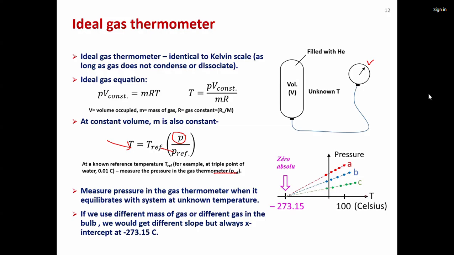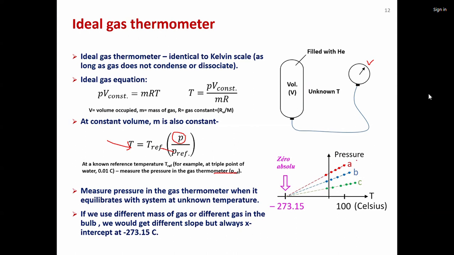Typically the relationship is expressed here. This is the temperature axis in Celsius, and this is the pressure axis. You can see that temperature and pressure are linear to each other. This is the typical characteristic. And these three different cases are for different kinds of gas.